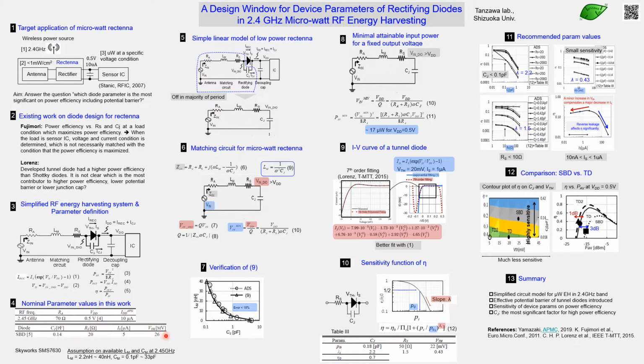Because it is a Schottky diode, VTH in this case is 26 millivolt at 300 Kelvin, and at 2.45 GHz the available chip inductors and chip capacitors have this kind of parameter range.